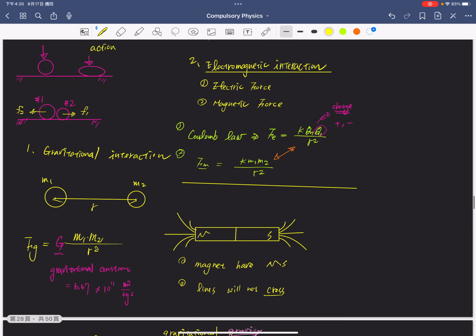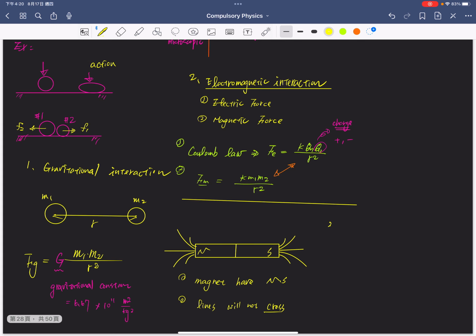Also, the lines point outwards from N to S, and from the S point they go to the N. This is inside the magnet. Okay, so all these things are really important.